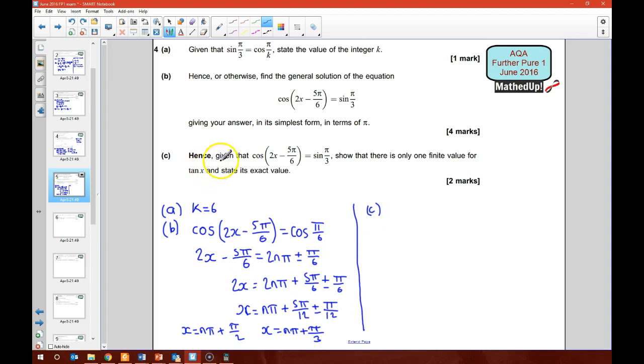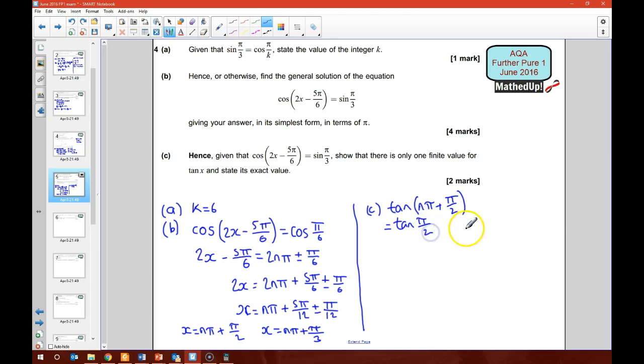Okay, now part C says hence, given that the cosine of this is equal to sine pi over 3, show that there is only one finite value for tan x and state its exact value. So let's try tan x for this here. So if I've got the tan of n pi plus pi over 2, that will just be equal to the tan of pi over 2 because it repeats itself every n pi times.